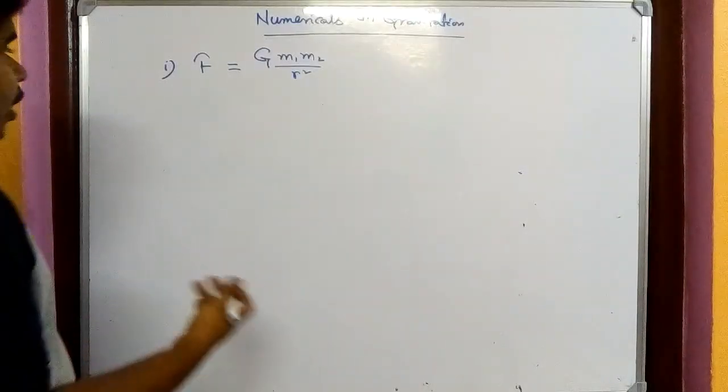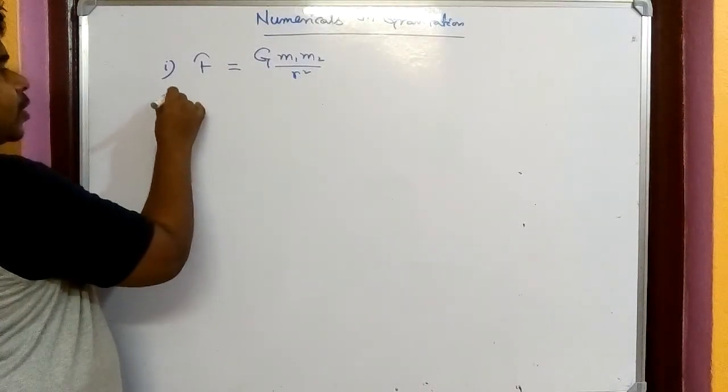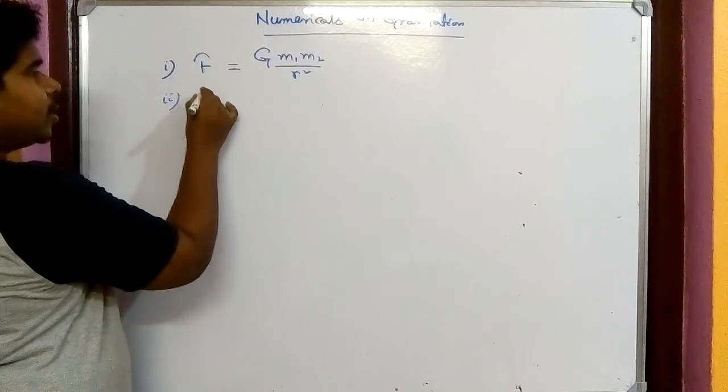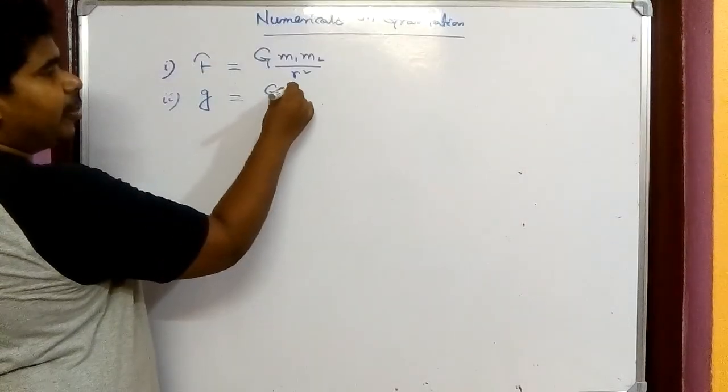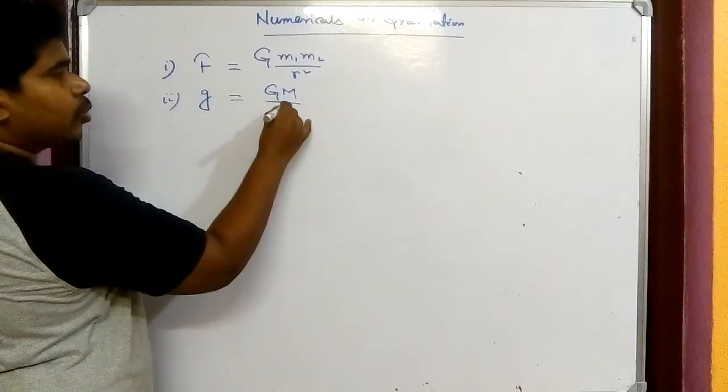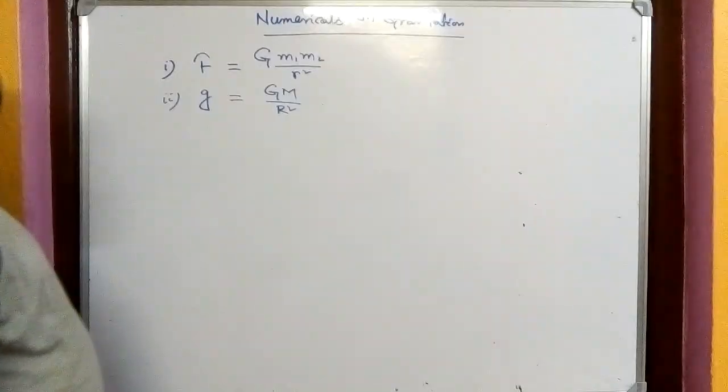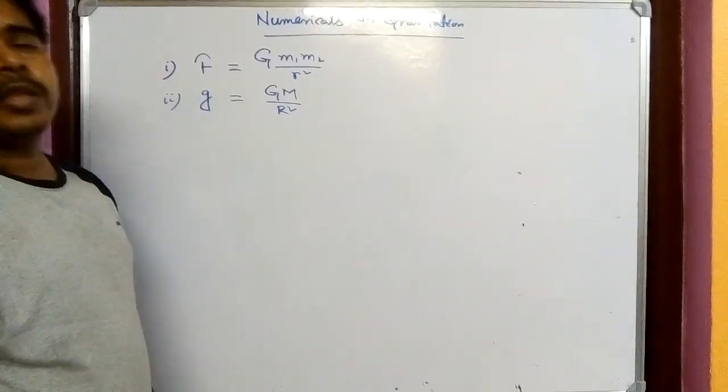The second equation is the gravitational acceleration, g equals G capital M by r square, where G is the universal gravitational constant, M is the mass of earth, and r is the radius.